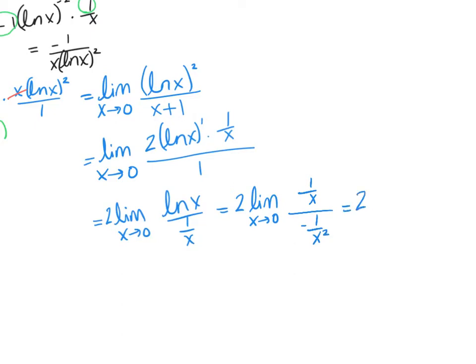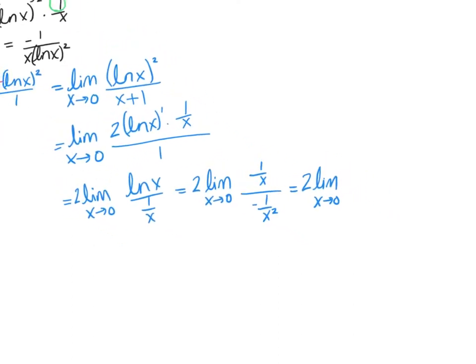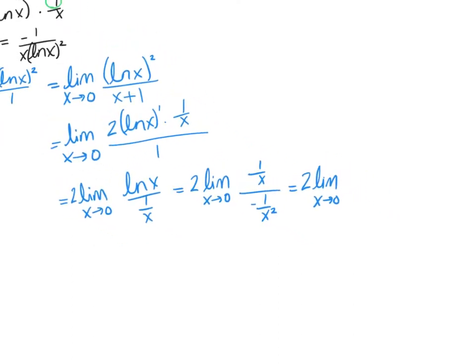Cleaning this up algebraically is just going to give me -x, because this is 1 over x multiplied by -x squared over 1. So I just get -x. And now I finally get to do direct substitution, and my final answer is 0.